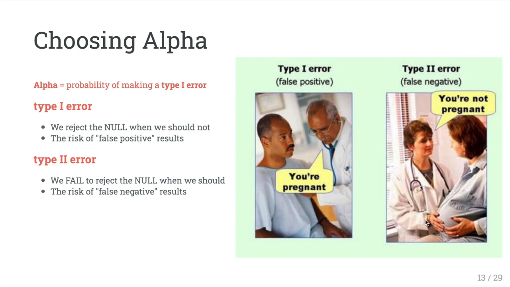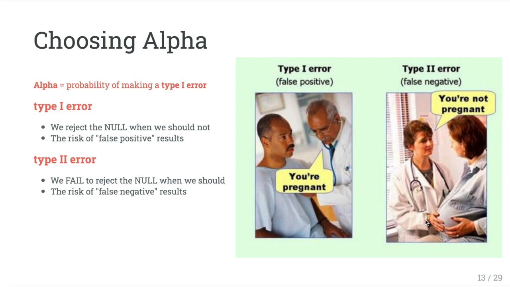Now, one thing to keep in mind, when we choose an alpha, we are choosing our type 1 error rate. So when we say 5% or 0.05, what we're saying is we are okay with 5% of the time being wrong with a false positive. In other words, we are okay with 5% of the time saying there is an effect when in fact there's not.